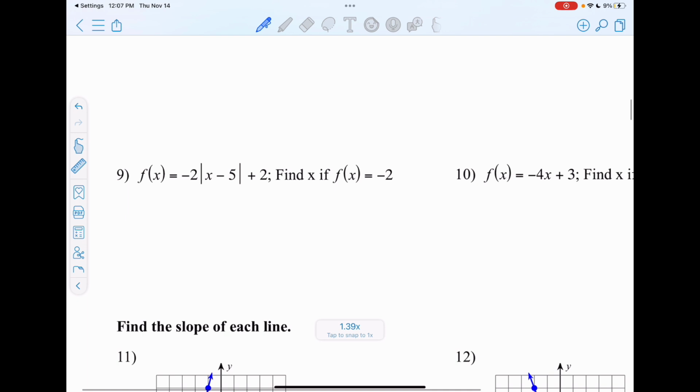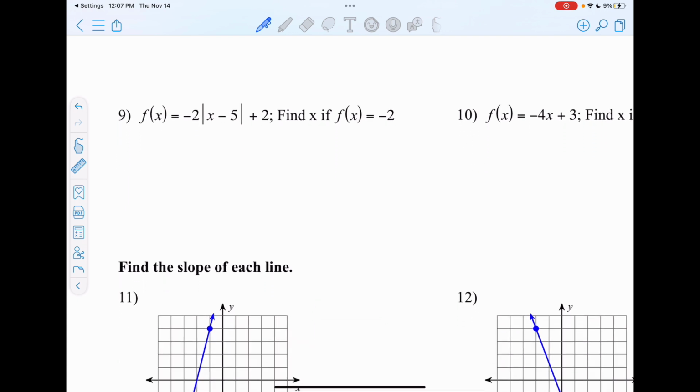Let's move on to try number 9. In number 9, notice how the -2 is outside the parentheses, which means it's an output. That means it's my answer. So I'm going to write out my function, -2 times |x minus 5| plus 2, and set it equal to my output. This is equal to -2.